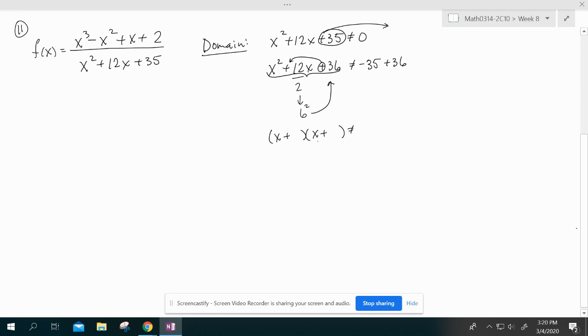And I'm going to need 2 numbers. The numbers have to multiply to make 36 and add to make 12. 6 and 6. And y'all remember when I taught completing the square? I said this is always going to match. It always factors as a perfect square. And on the other side, I need to do the math. Good. 1.